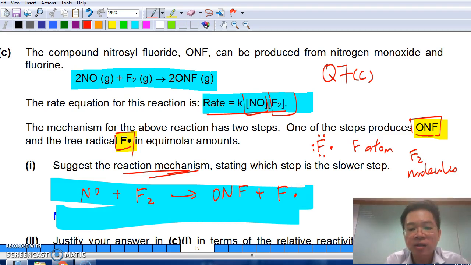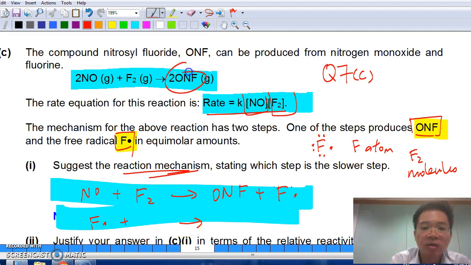And we know that F dot is very reactive, so F dot has to be something that is produced and gets reacted. So very likely this F dot is an intermediate that's produced in step 1 and is going to be used up in step 2.